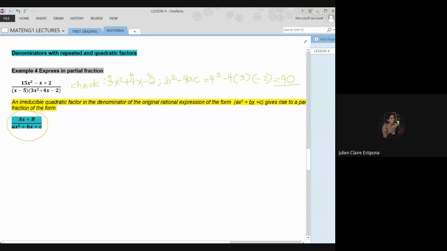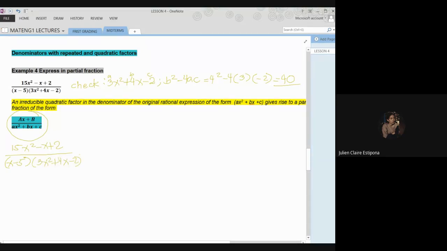So what are we going to do? We use the partial fraction for that one. So if we are going to rewrite that one, let me rewrite the equation. That is 15x squared minus x plus 2. Since we cannot factor this one because it will not give us a perfect square, that is x minus 5 multiplied by 3x squared plus 4x minus 2.